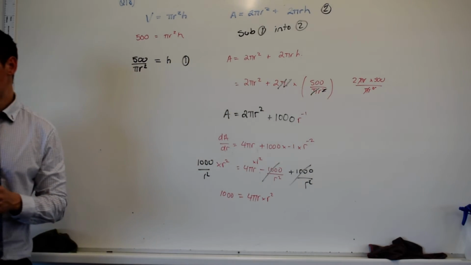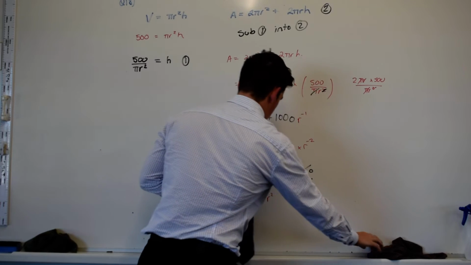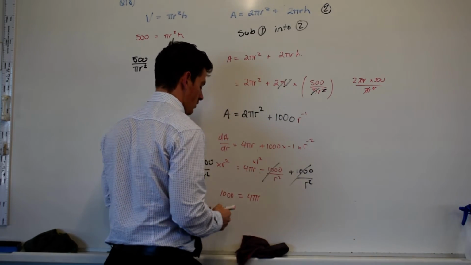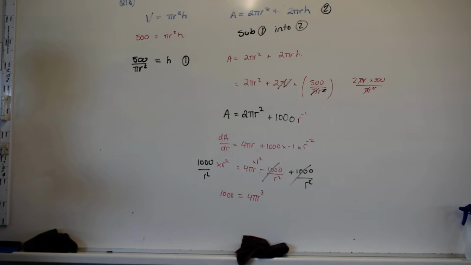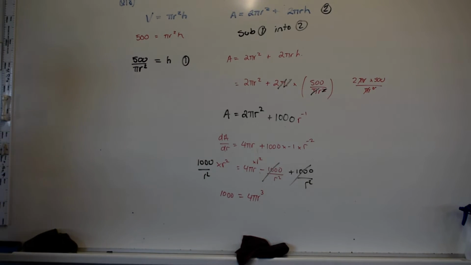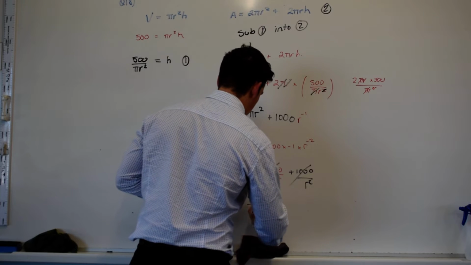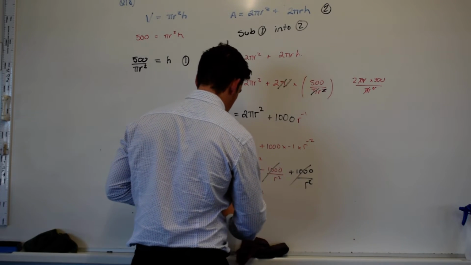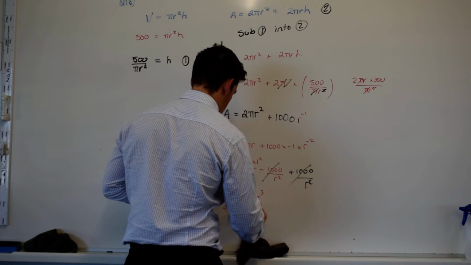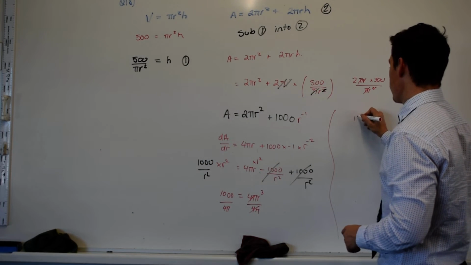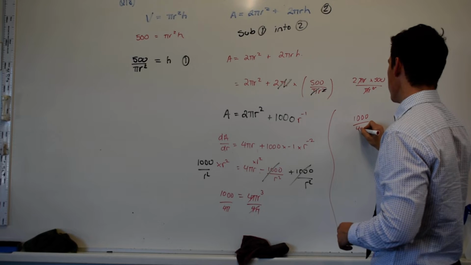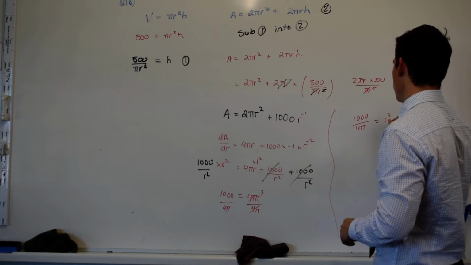Can I write that any more efficiently? 4 pi r cubed. What should I do now? Divide by 4 pi. I'm going to come over here because I'm running out of room. 1000 over 4 pi equals r cubed.